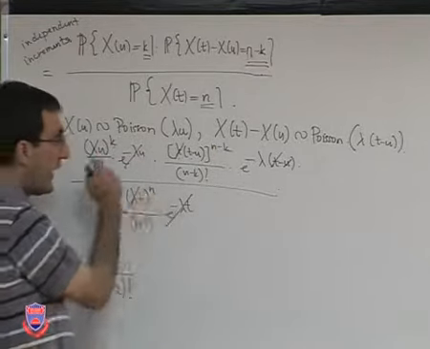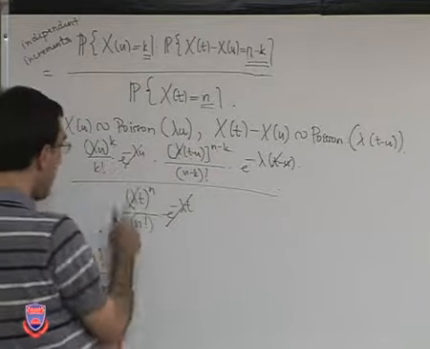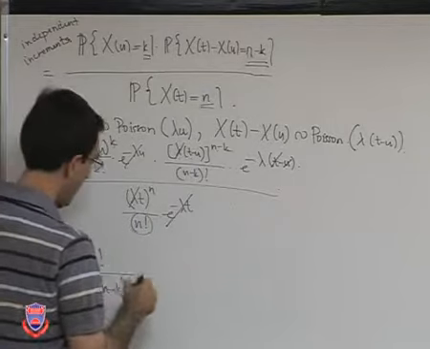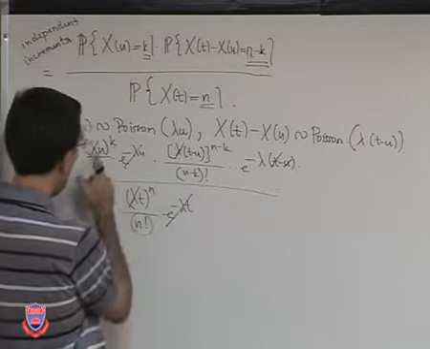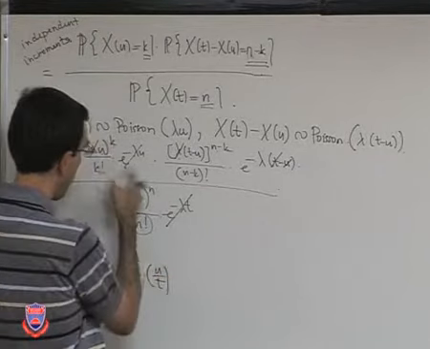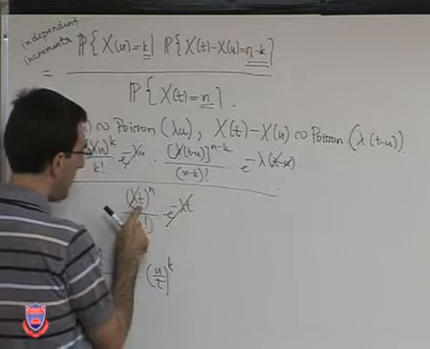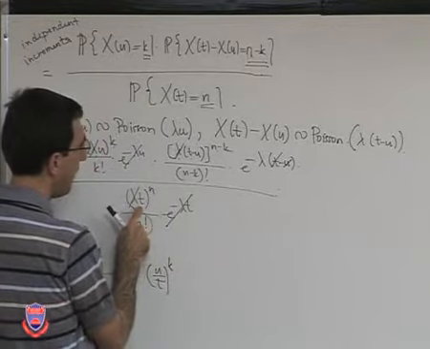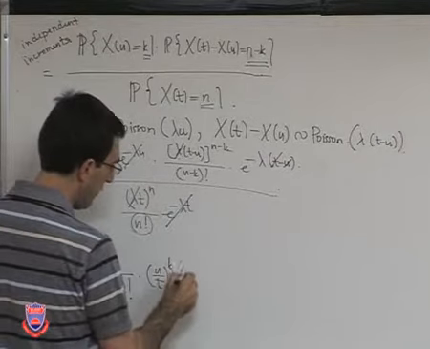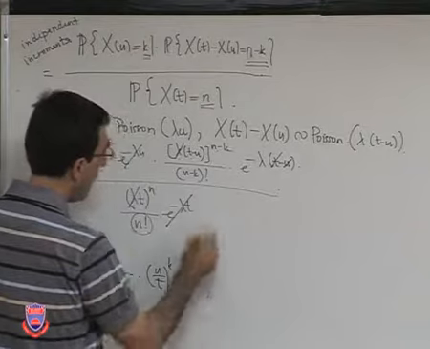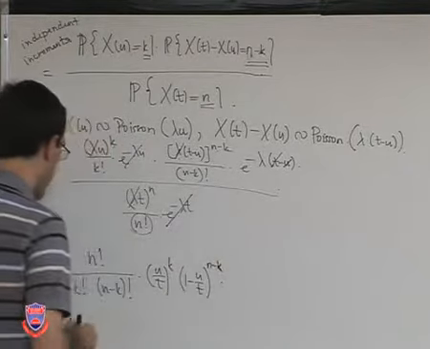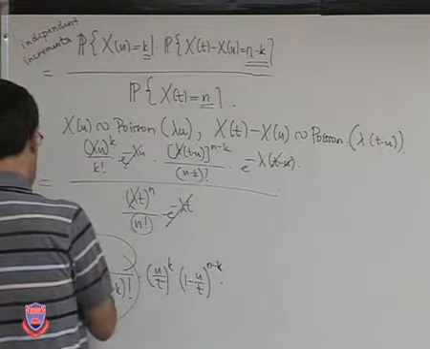We can split it into k and n minus k powers and match them with each of these terms. If you divide u by t, you get u over t to the power k. Then I match the remaining n minus k powers of t with the other term, and (t minus u) over t gives 1 minus u over t to the power n minus k. And we know that this is nothing but n choose k.